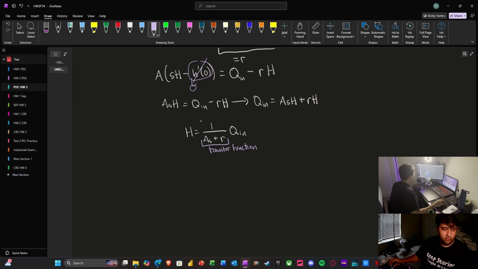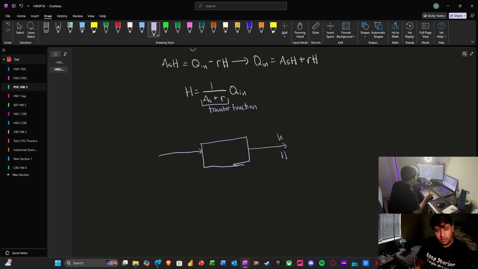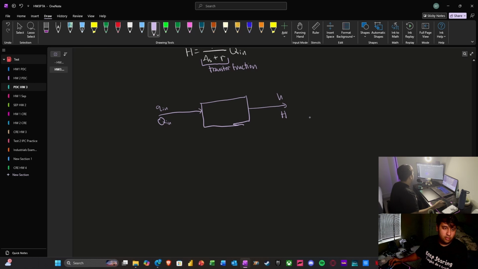We could visualize our system as we'll have our area right there. It's going through. We're going to have our little h and our Laplace transform, and we're going to have the Laplace transform of Q, our Q in, and this basically just shows our system.